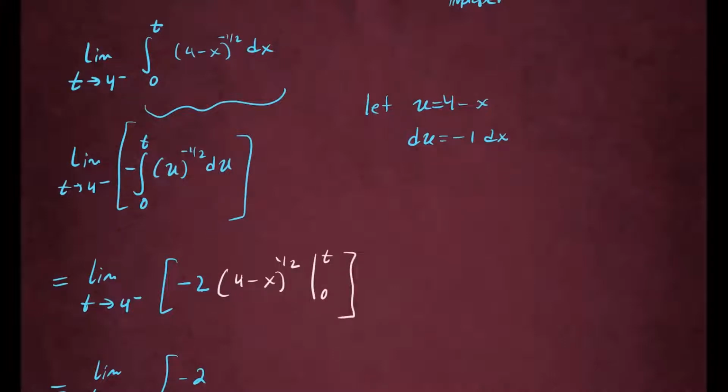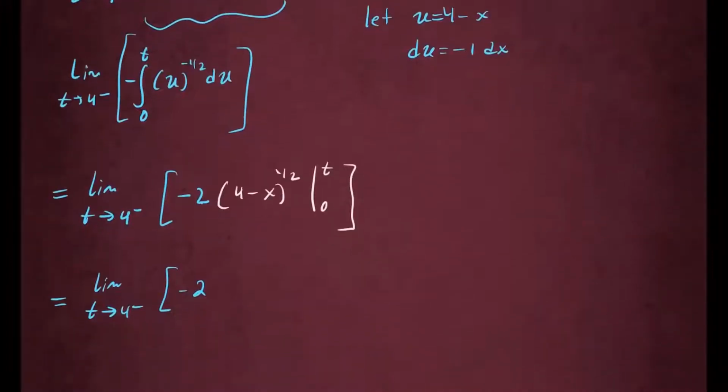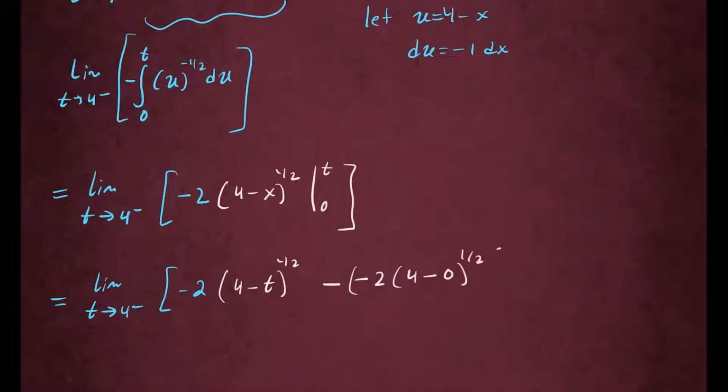So I needed to substitute that before I plug in, and now I can plug in t for x. So you'll have negative 2 times 4 minus t to the power 1/2 minus 2 times 4 minus 0 to the power 1/2.